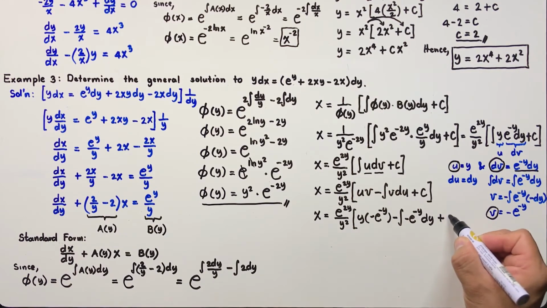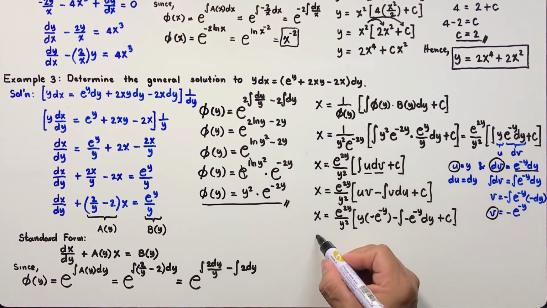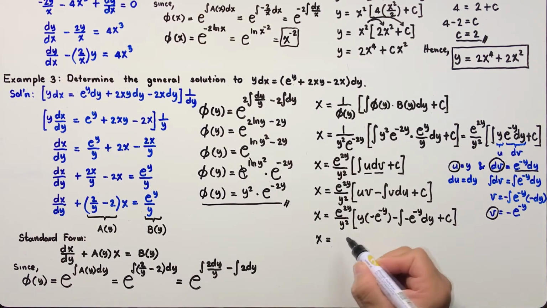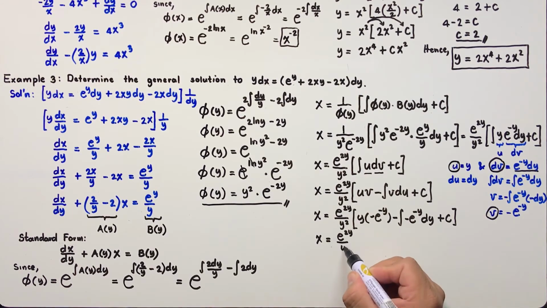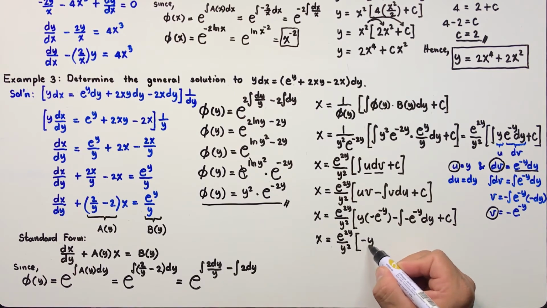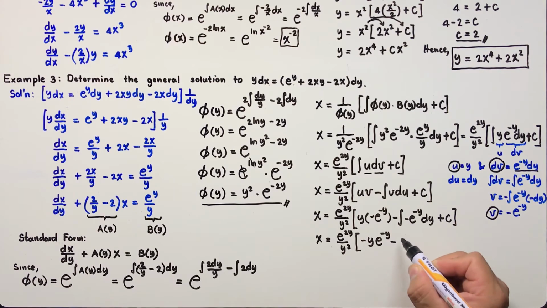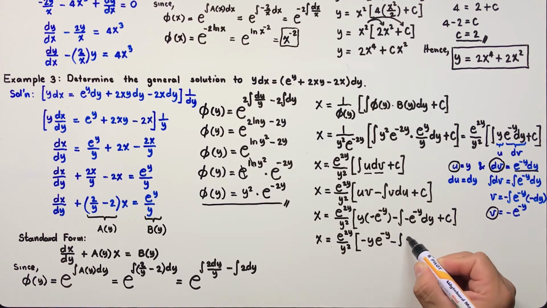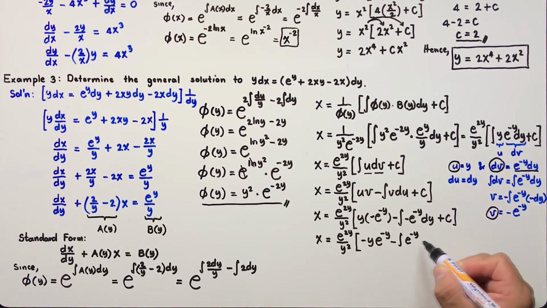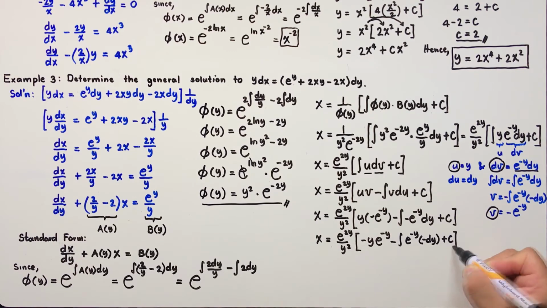And this is added to our constant of integration c. Now, you can integrate this time our integrand, because we have here negative y e to the power negative y minus the integral of e to the power negative y negative dy, plus the constant of integration c.